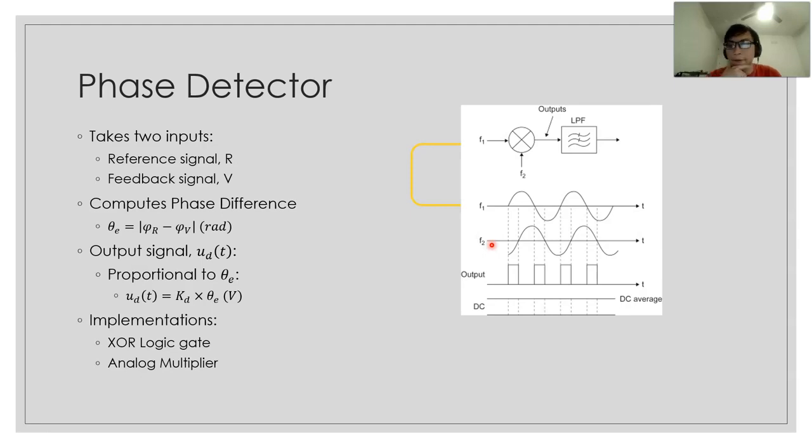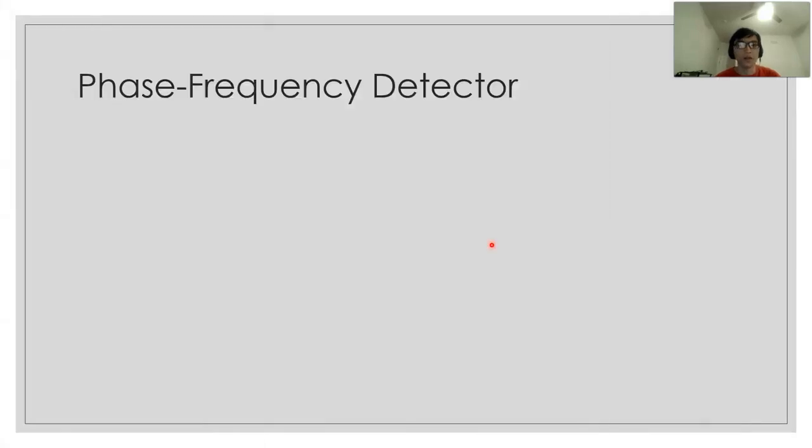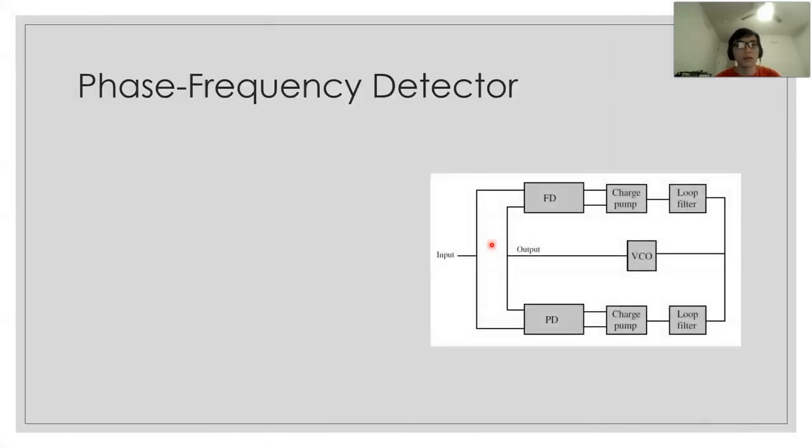However, here we assume that F1 and F2 are at the same frequency, but in real life it's not that ideal. Therefore, we need to use something called a phase and frequency detector, so we also have to account for the frequency difference.